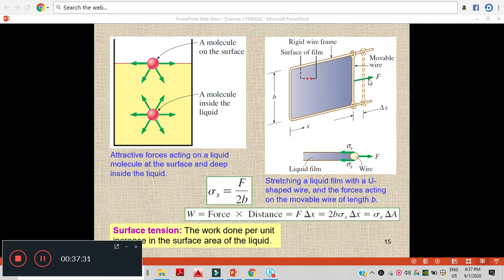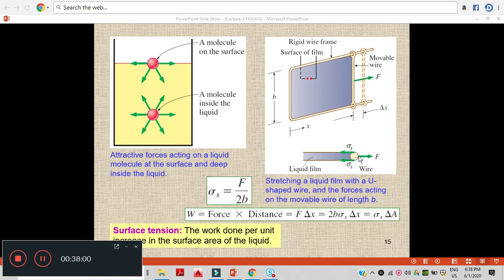So this force is resisted by the phenomenon of surface tension. The rigid frame is open to the atmosphere from this side and from that side as well. So there are surface tension forces acting on this side of the film and the other side of the film, as shown in the picture.